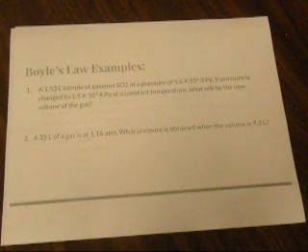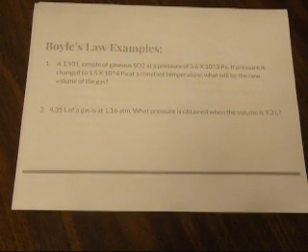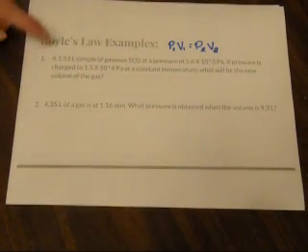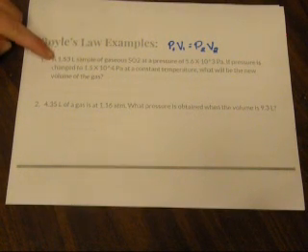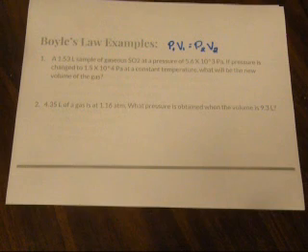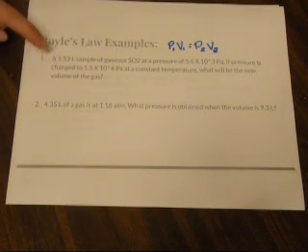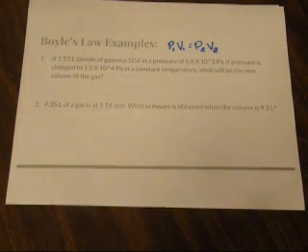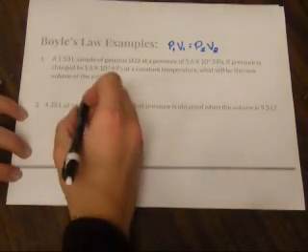So, here are some examples of Boyle's Law. The first example: a 1.53 liter sample of gaseous SO2 is at a pressure of 5.6 times 10 to the third pascals. If the pressure is changed to 1.5 times 10 to the fourth pascals at a constant temperature, what will the new volume of the gas be? Let's write our givens.